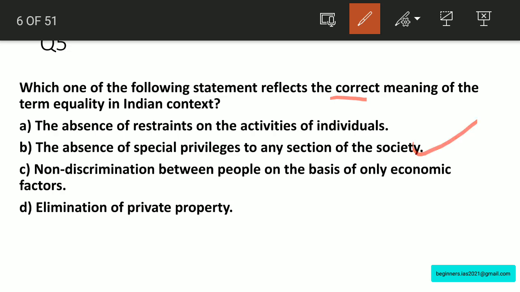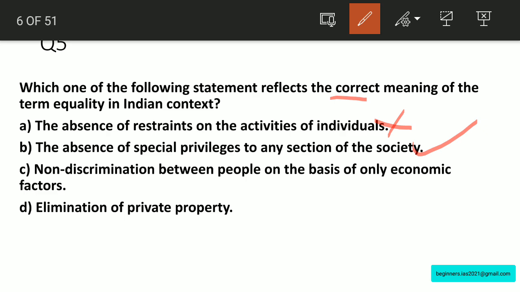That is the answer for this question. See, liberty means absence of restraints, which is not mentioned in equality. Therefore, statement number A is wrong. Why? Liberty means absence of restraint. So, equality stands for absence of any special privileges to any section of society.